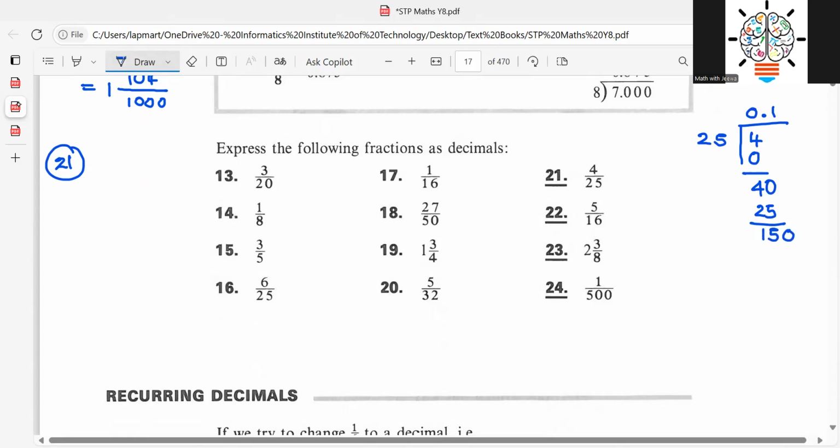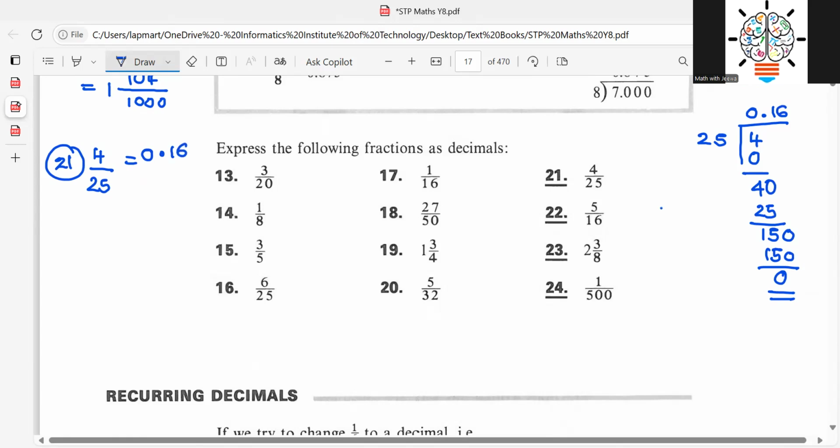So then I take this. And for 150, how many 25s do I have? 6. So then my 150, and the answer is like this, right? So 4 divided by 25, it gives me 4 over 25, you write it as 0.16. You want to show the workings like this, children, right?